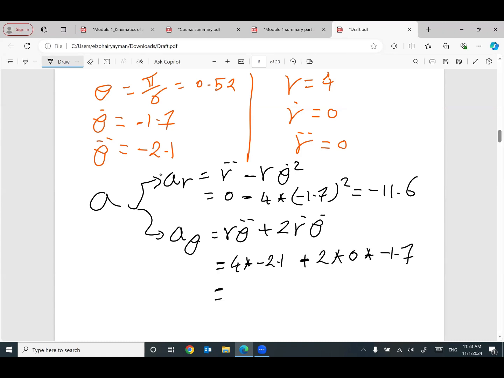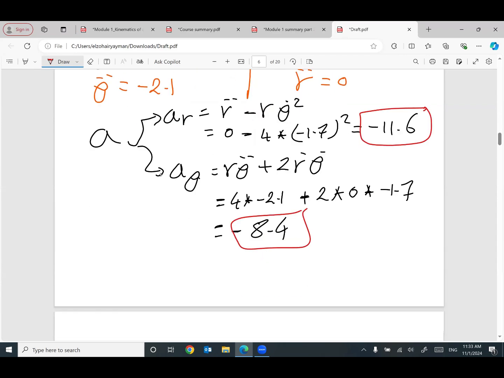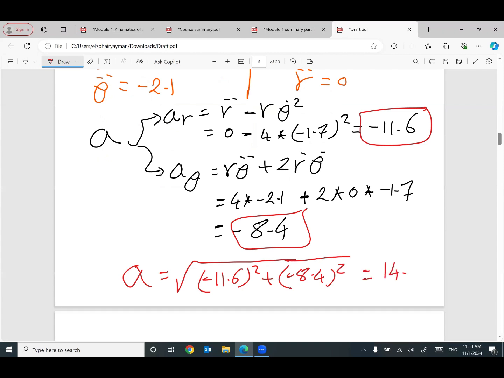So your value will be negative 8.4. Once you get the two components of the acceleration, the final value of the acceleration equals the square root of negative 11.6 squared plus negative 8.4 squared, which equals 14.3 inch per second squared.